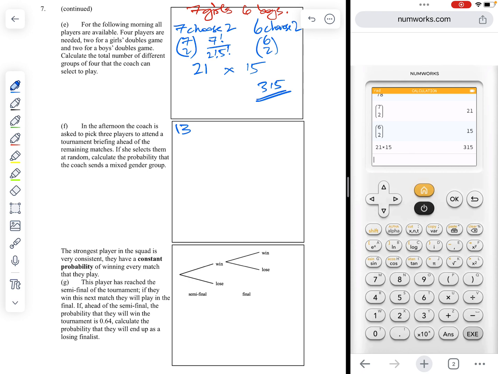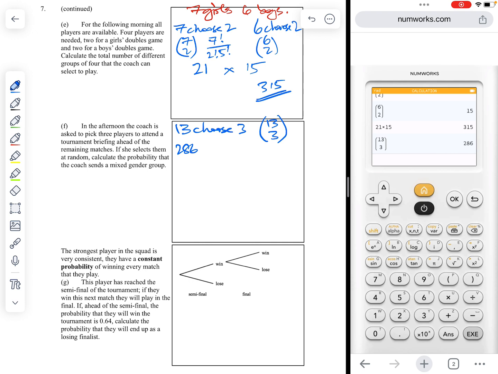So that is 13 choose 3. Let's go back to the calculator, Toolbox, let's do the combinations. 13, come down 1, 3, enter, 286. So it's 286 total groups of 3.